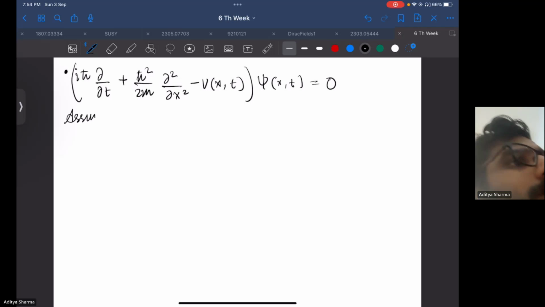Assume it has some static potential plus some impulse, which is denoted by a Dirac delta at some time and at some spatial point x.